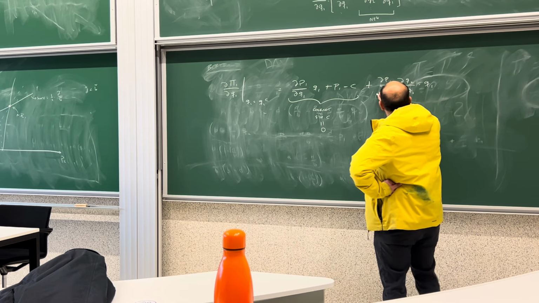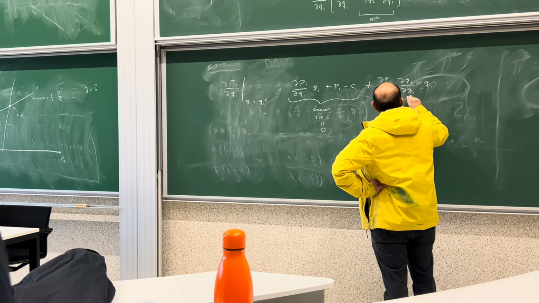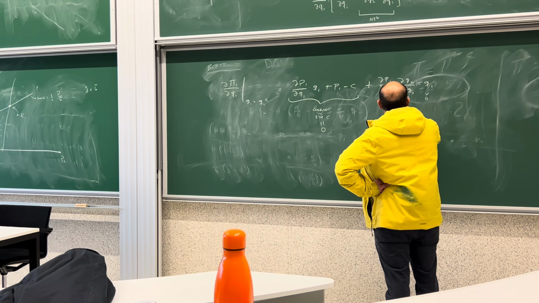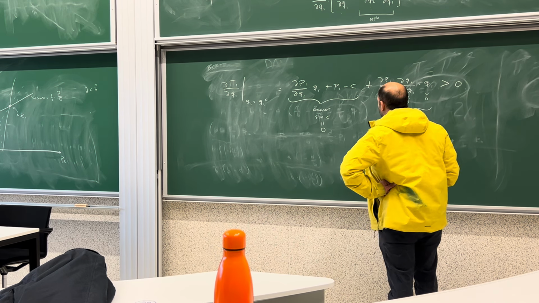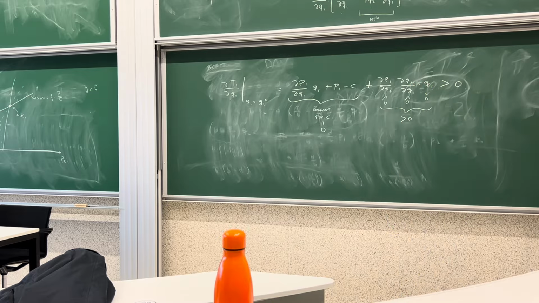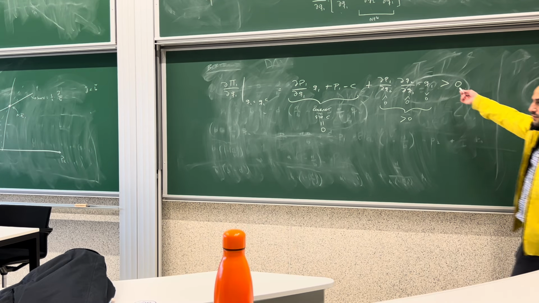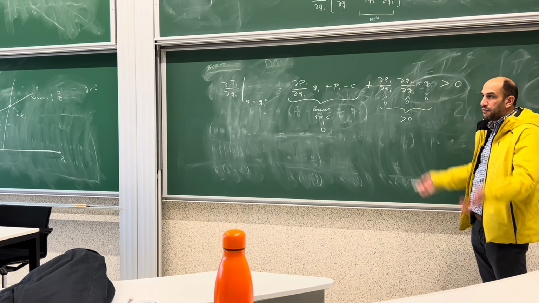And then this is less than 0, this is less than 0, this is also less than 0, and this is greater than 0, so this is going to be greater than 0. And therefore, at the Cournot quantity, if I consider increasing my quantity by 1 unit, what does it do to my profits? My profits go up, right?